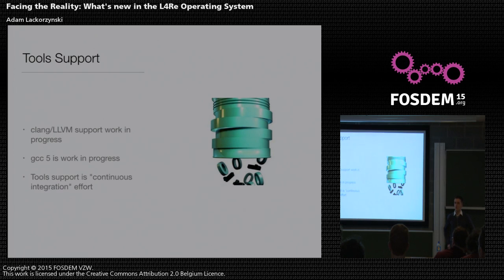This also led to the effect that part of Fiasco's source code is now part of the GCC 5 test suite. Fiasco actually used a feature which triggered a seg fault in GCC 5, and now they have fixed it. And we are continuously working on supporting the latest compilers and binutils.